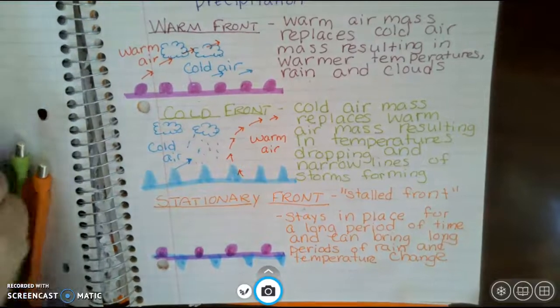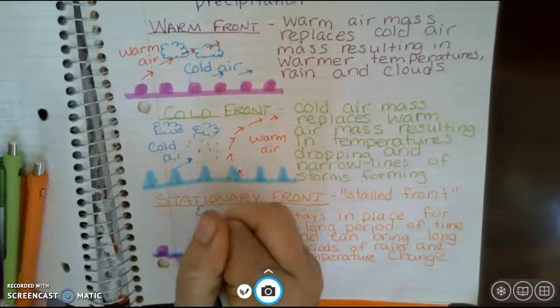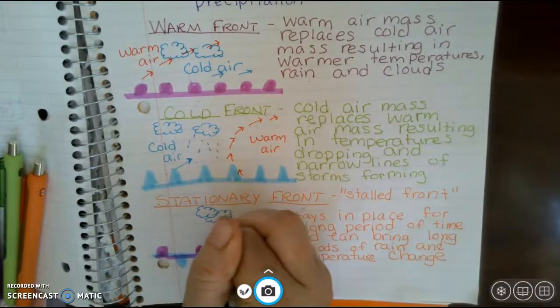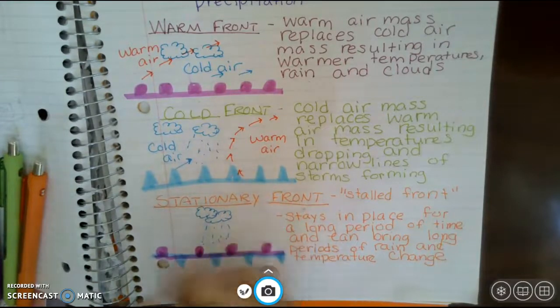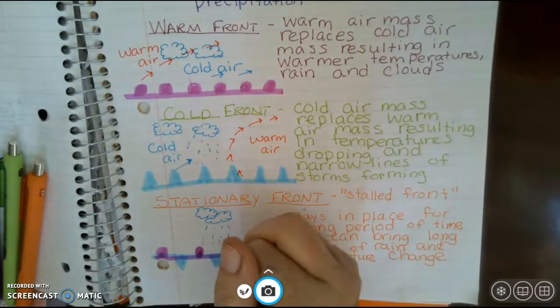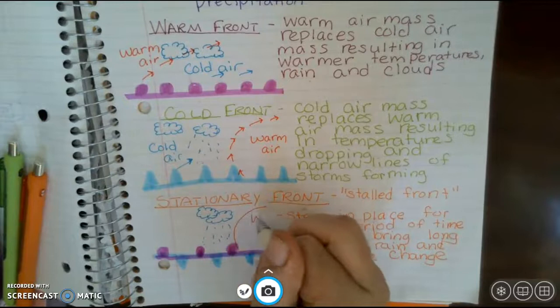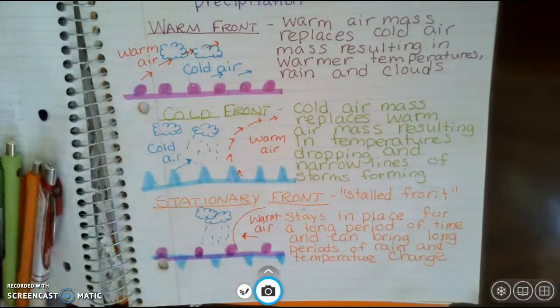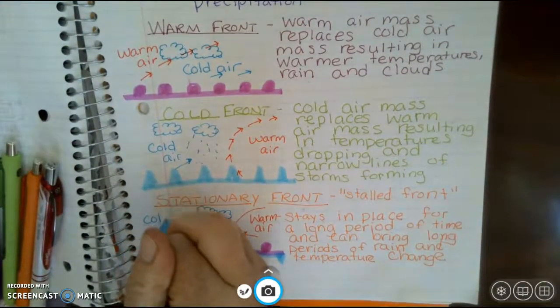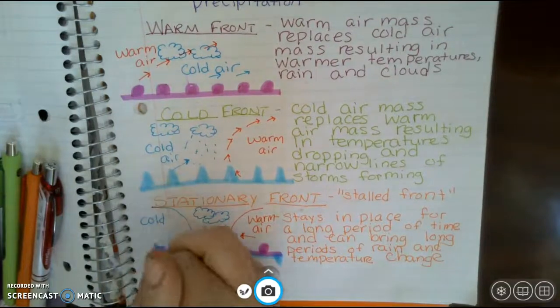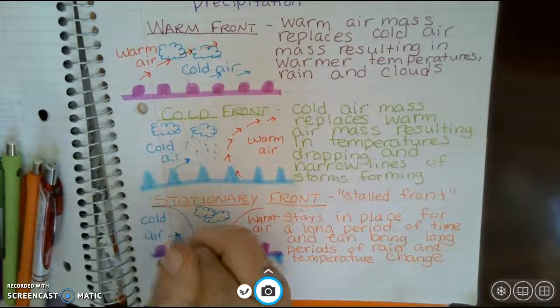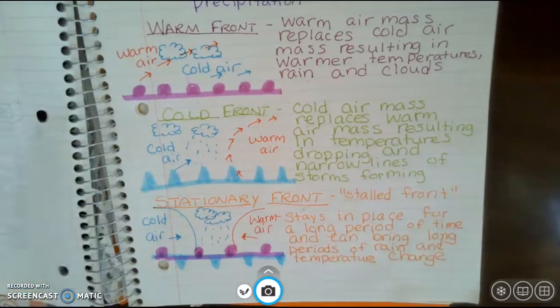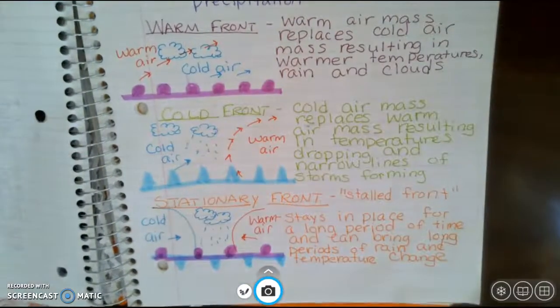And this is where we have rain. Rain kind of just sits on us here. We have the warm air that is kind of pushing in, and the cold air that's kind of pushing out. And it just kind of locks us in to a long period of rainy weather. Not necessarily stormy, just rainy.